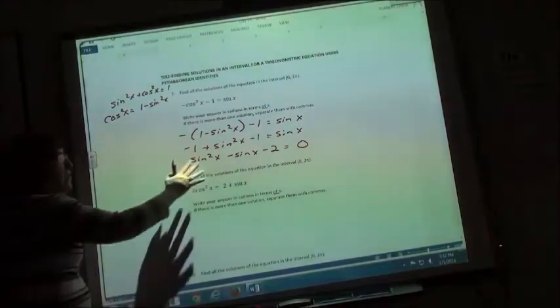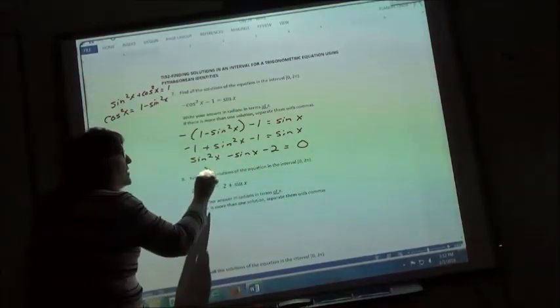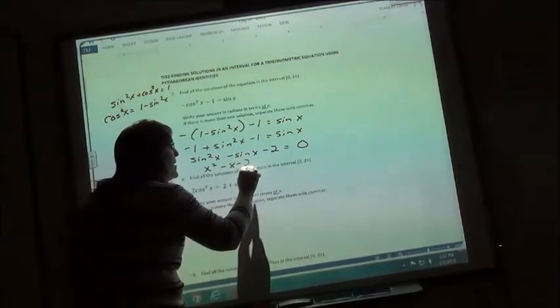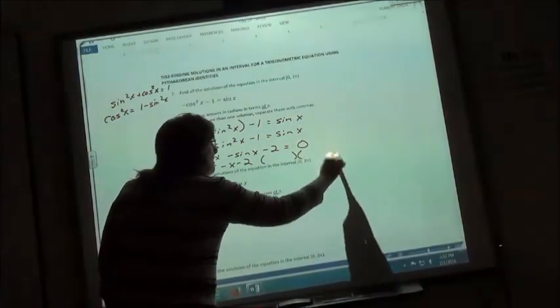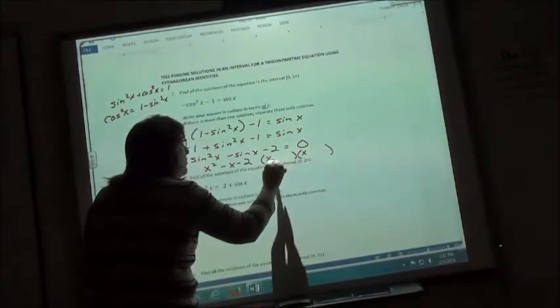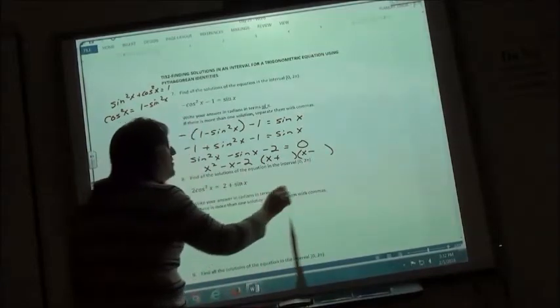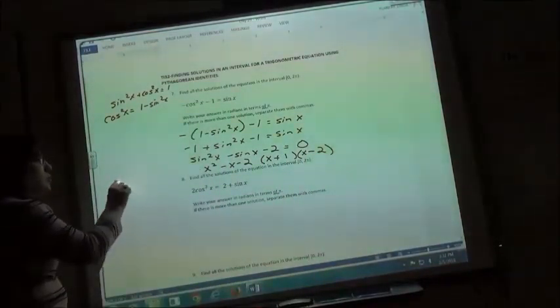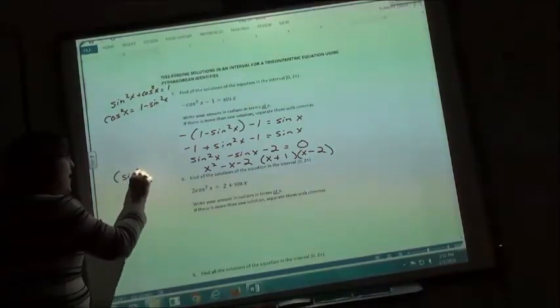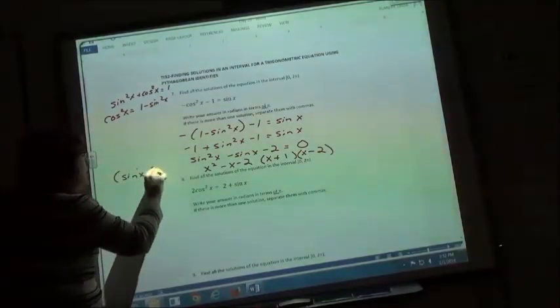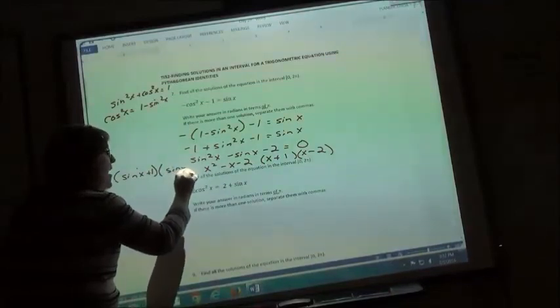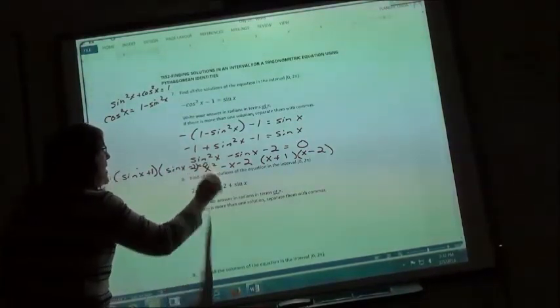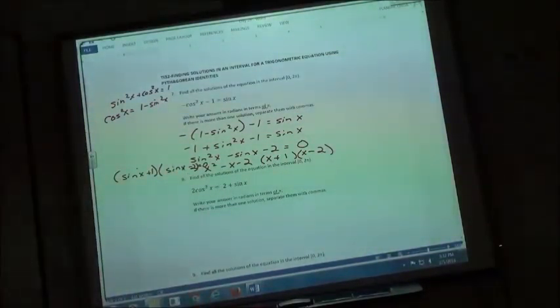I now want to factor that out. So I'm thinking of that as x squared minus x minus 2. X and x, plus and a minus, I'd have to have a -2 and a +1. So that would factor into (the sine of x plus 1)(the sine of x minus 2) equals 0.